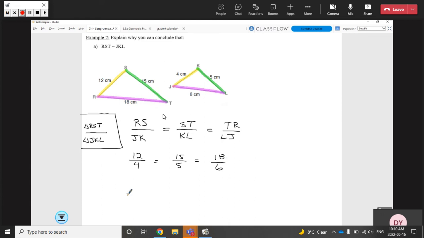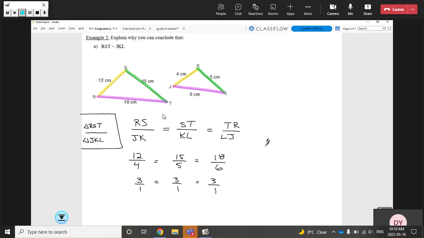What we want to do next is reduce these as much as possible. So we'll end up with 3 over 1, 3 over 1, and 3 over 1, which is kind of nice because we can say that all of the ratios of the corresponding side lengths are equal, or rather, they're in proportion. So therefore, they have to be similar triangles.